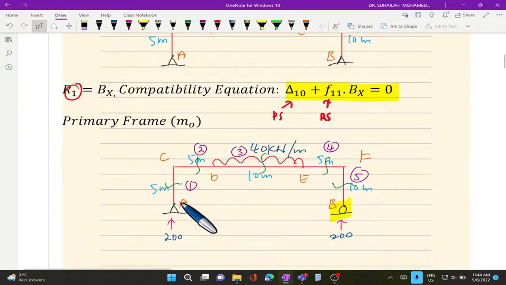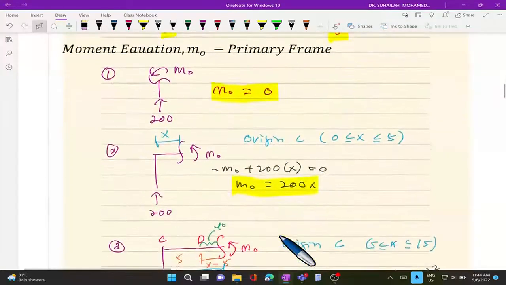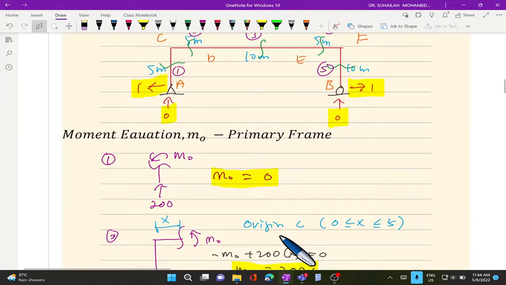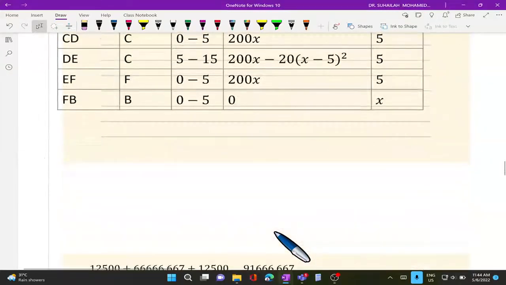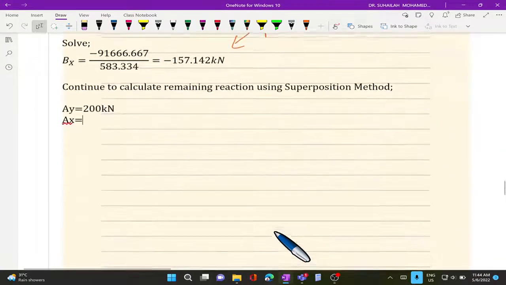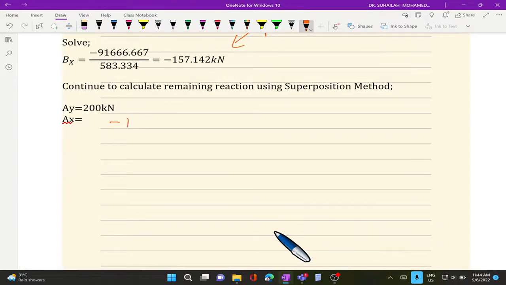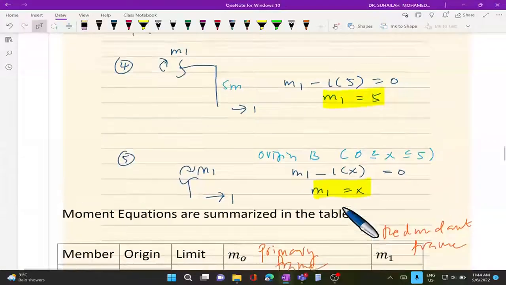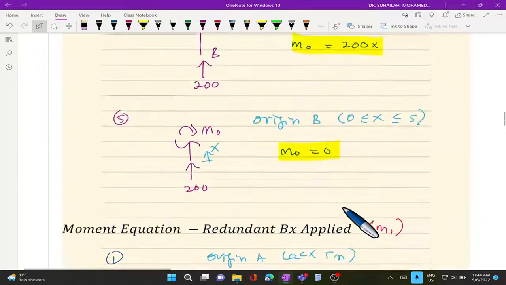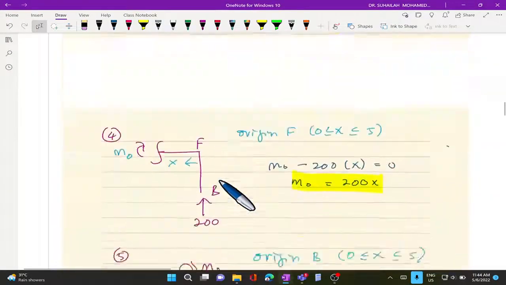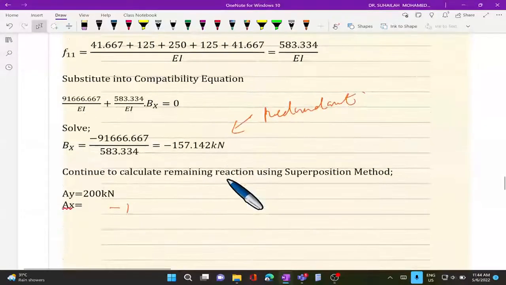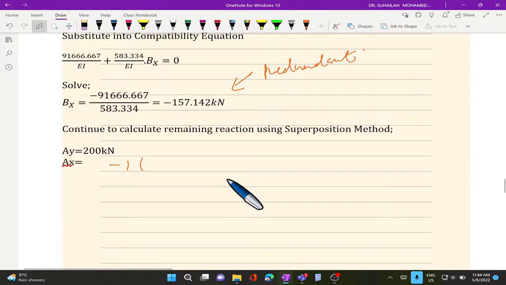AX in the primary system is equal to 0. AX in the redundant system is -1, times the redundant, -157.142.